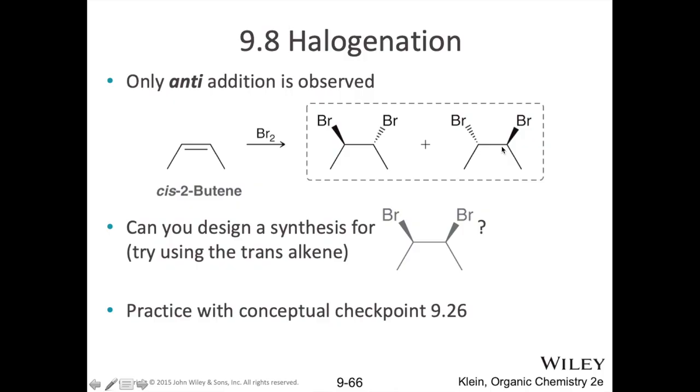But let's say we wanted to have a molecule with the two bromines cis to each other. Did this violate that anti-addition that we see? And the answer is no. If you use trans-2-butene instead of cis-2-butene, you'll wind up getting this product. You'd have to rotate this carbon-carbon bond to get it into this conformation, but it is the same molecule.